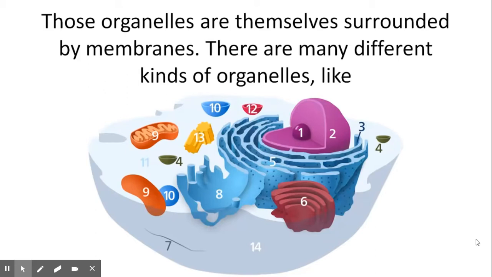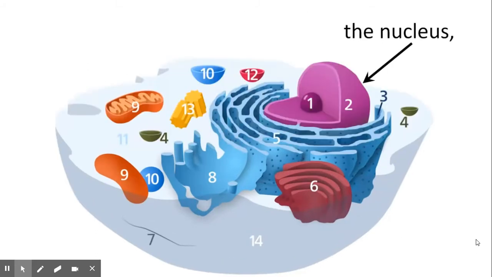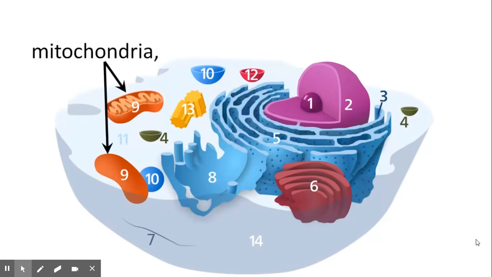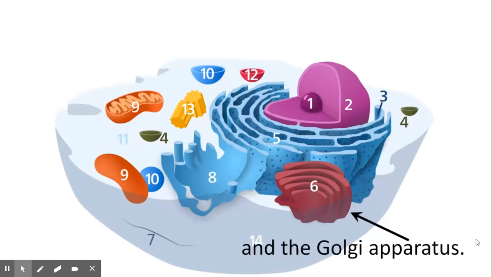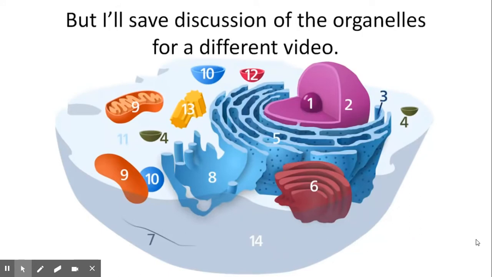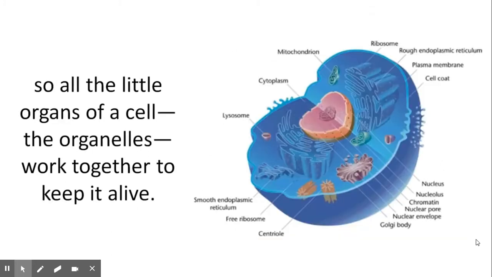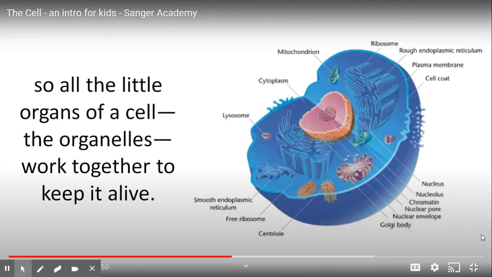There are many different kinds of organelles, like the nucleus, ribosomes, mitochondria, and the Golgi apparatus. But I'll save discussion of the organelles for a different video. Just as all the organs of an animal work together to keep it alive, so all the little organs of a cell, the organelles, work together to keep it alive.